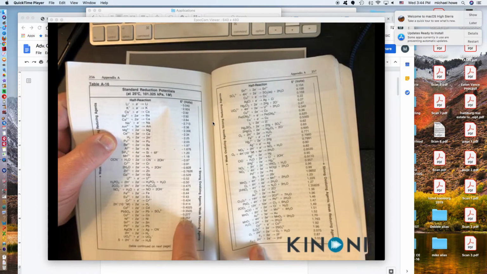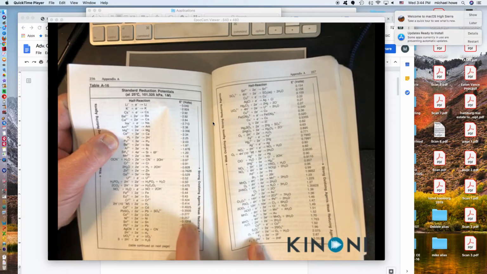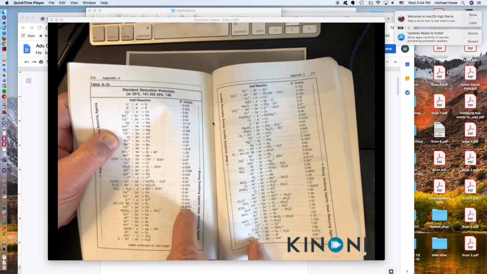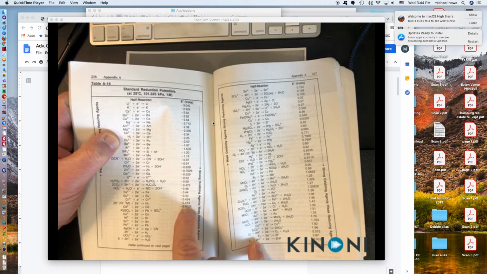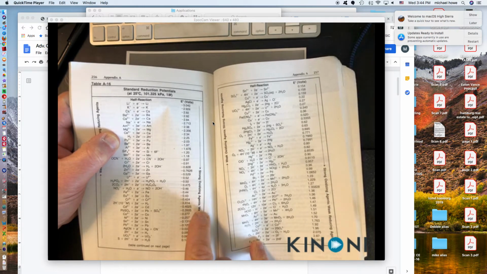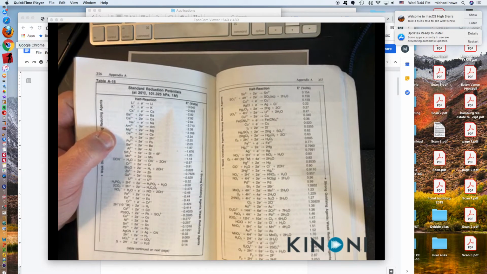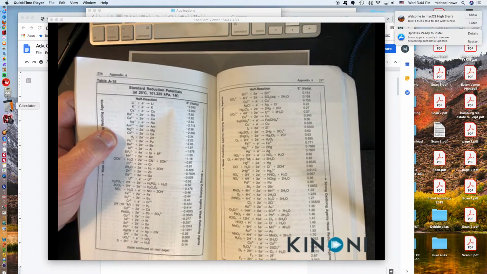And the cadmium is up here, with a reduction potential of negative 0.4. So negative 0.2 is a bigger number than negative 0.4. That means the nickel will be reduced and the cadmium will be oxidized. So you change the sign on the cadmium, then add the two together.